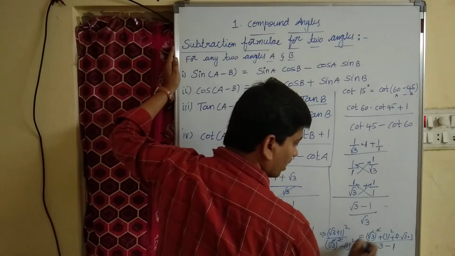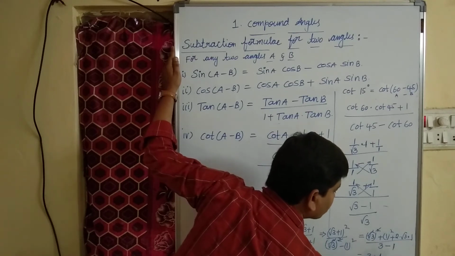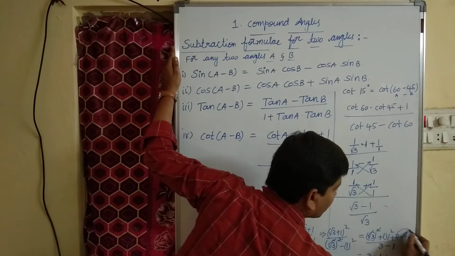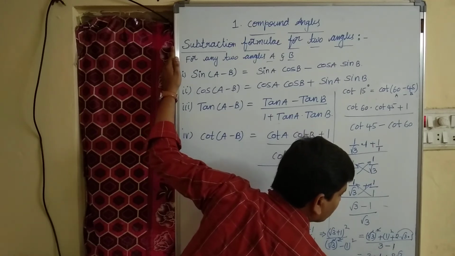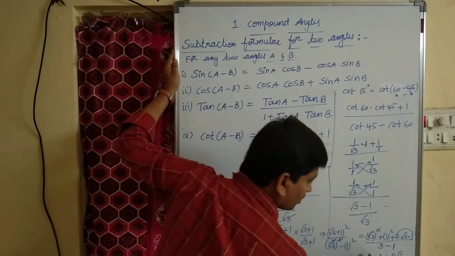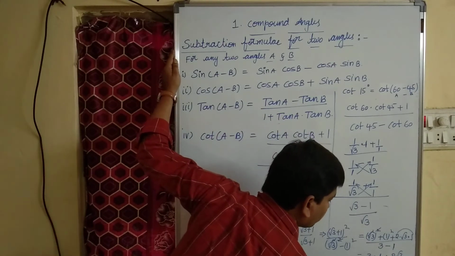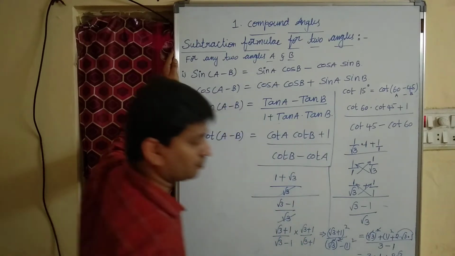Again, the square root cancels. 3 plus 1 is 4, plus 2 root 3, divided by 2.